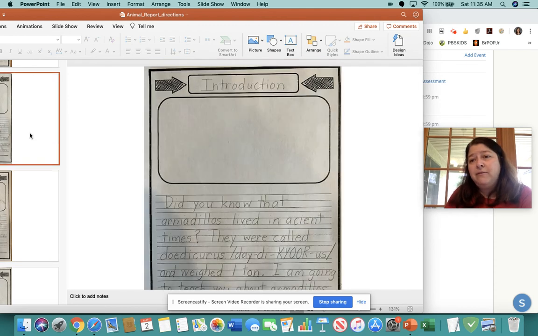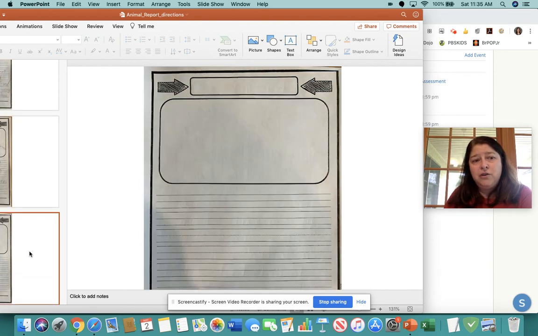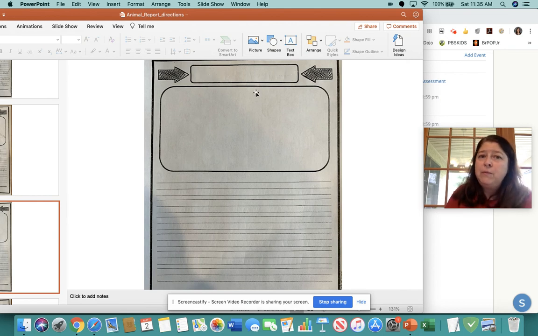Okay, so friends, I've shown you 2 pictures of my book. I would still have to continue to work on my book until I get all of my pages done. I do want to show you that there are 2 different pages that you have in your packet. One of those pages is a picture page, and it would be an introduction or a subtitle page. So every time you start a new subtitle, your diet and your characteristics, your diet dash habitat, your jaw-dropping facts, those are going to be what goes here.